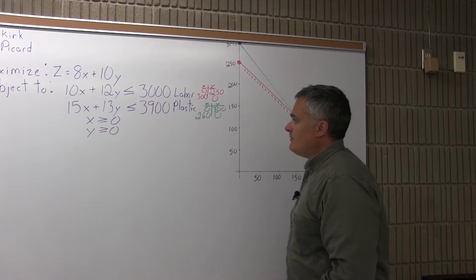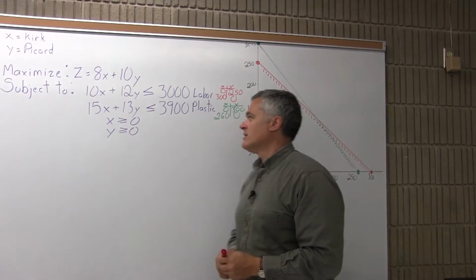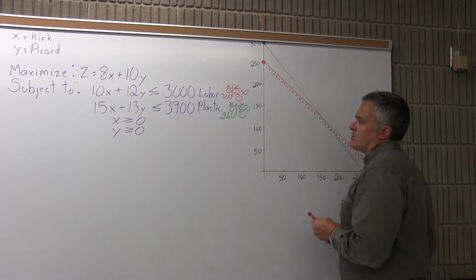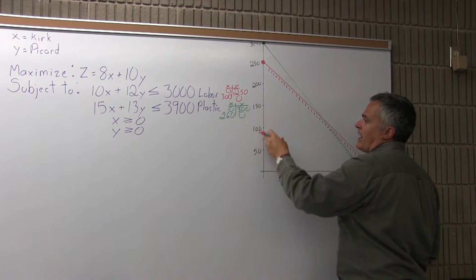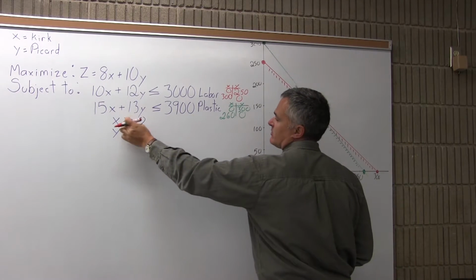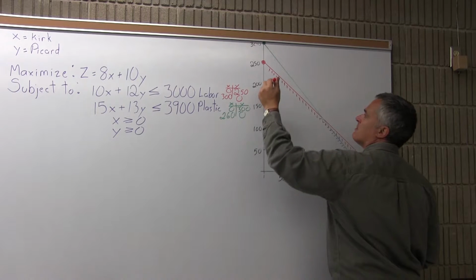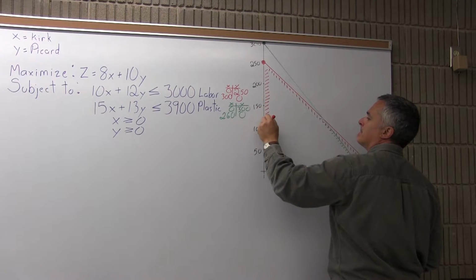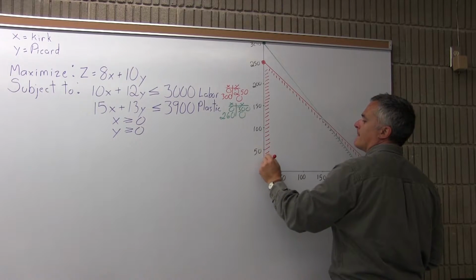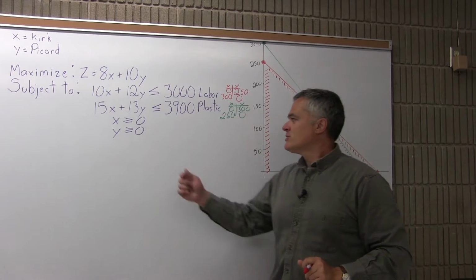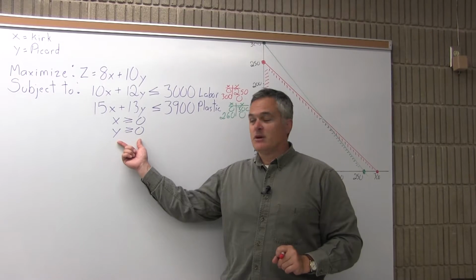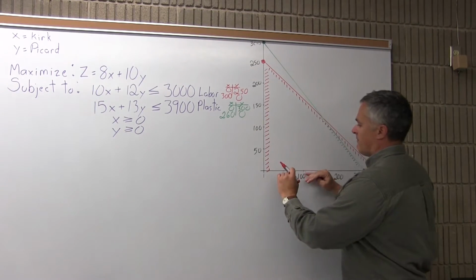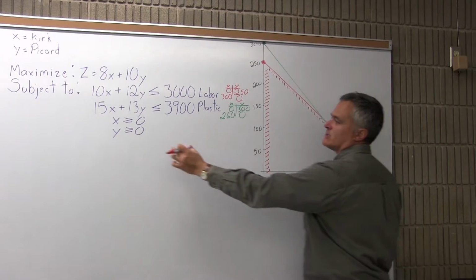Now, the other two constraints: x is greater than or equal to 0 is going to keep my shaded region to the right of the y-axis. I can only have points in my feasible region where the x-coordinate is positive. And the last constraint, y is greater than or equal to 0, is going to force me to stay above the x-axis with my shaded region.